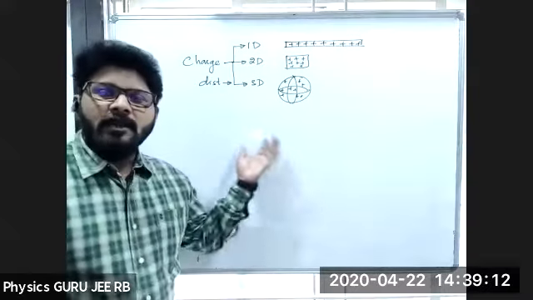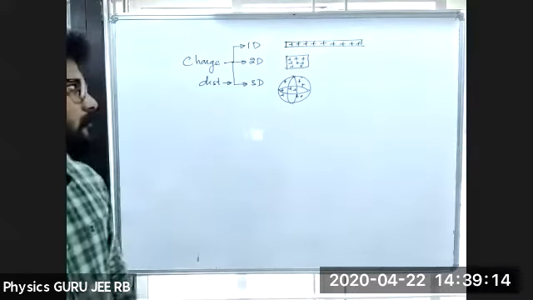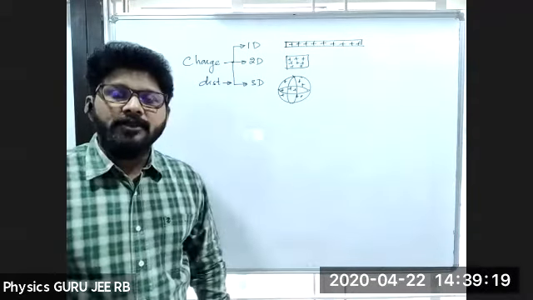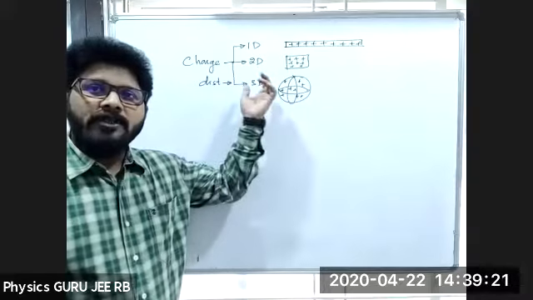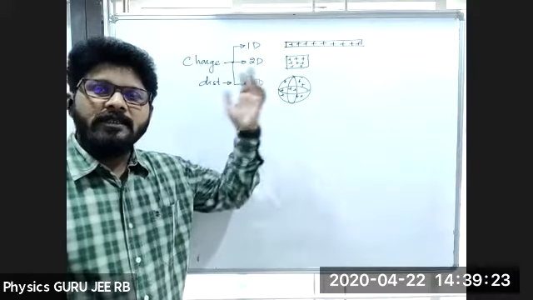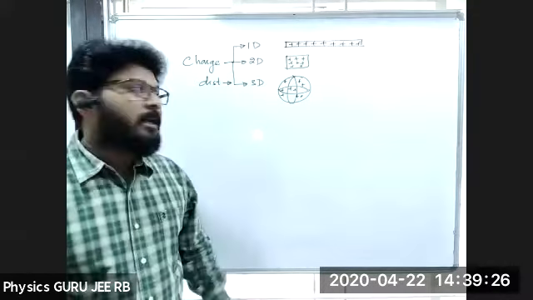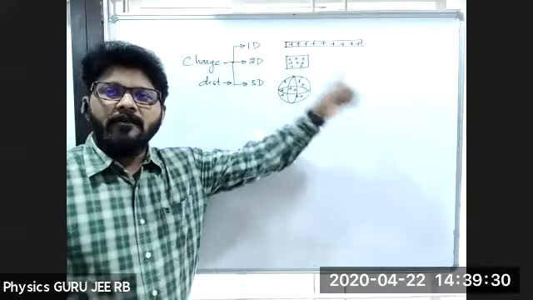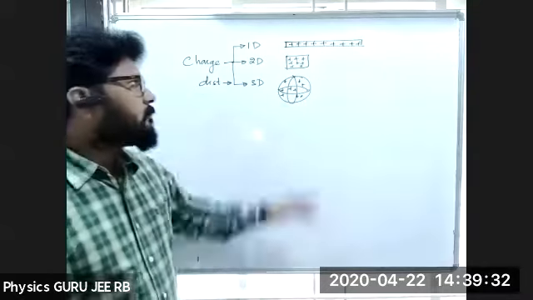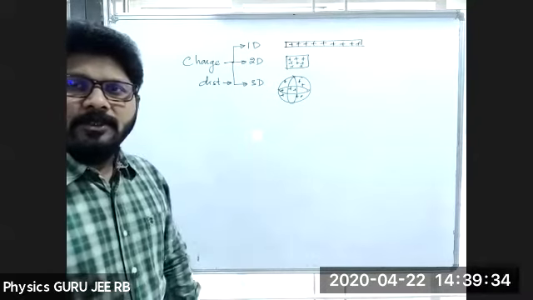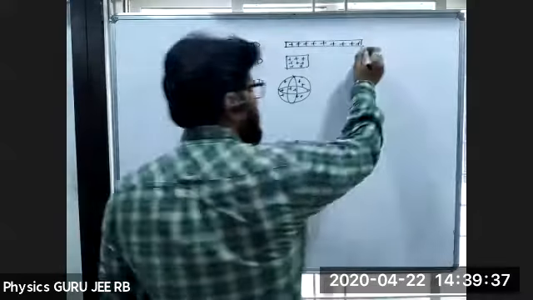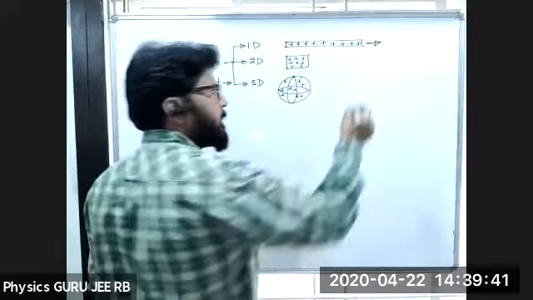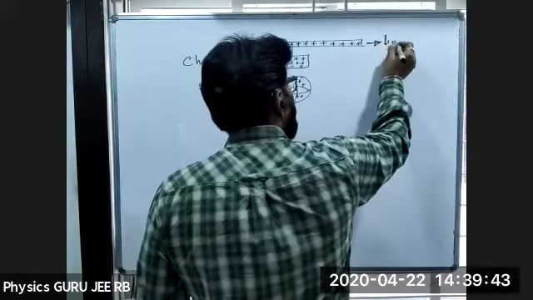So to start Gauss law applications, we require charge distribution: charge distribution in one-dimensional bodies, two-dimensional bodies, and three-dimensional bodies. In one-dimensional bodies, like an infinite or finite charged rod, the distribution of charge is calculated by linear charge density.